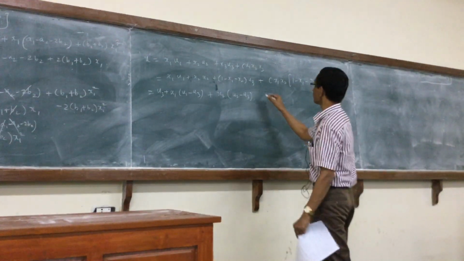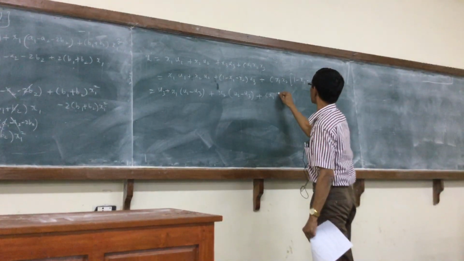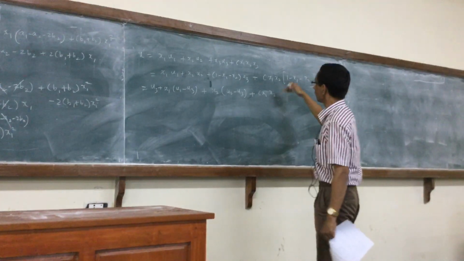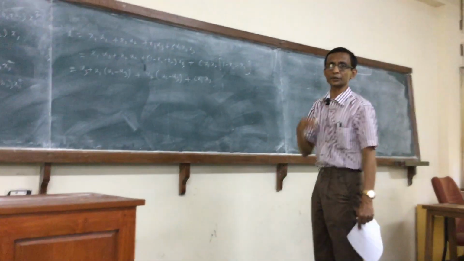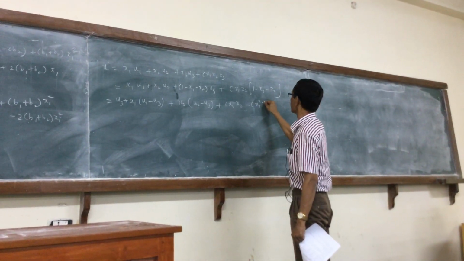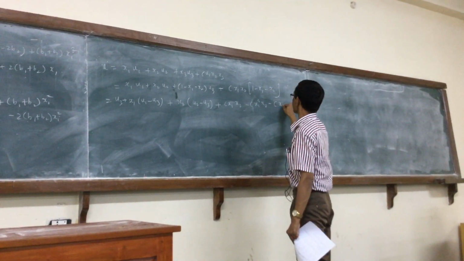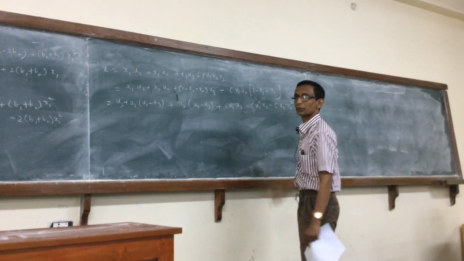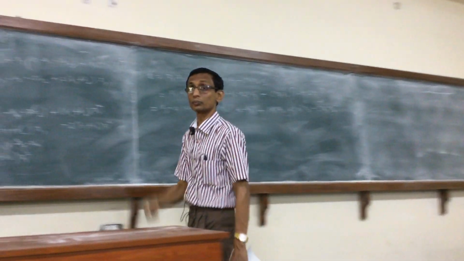And then I have plus c x1 x2. I can leave it as it is, but when you come to differentiating, it's easier to put them separately. Minus c x1 squared x2 minus c x1 x2 squared.